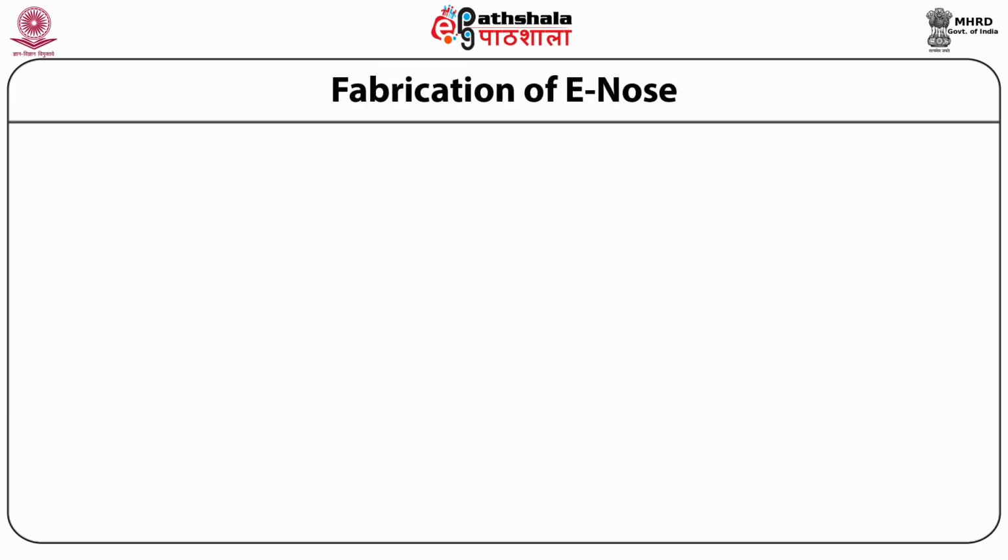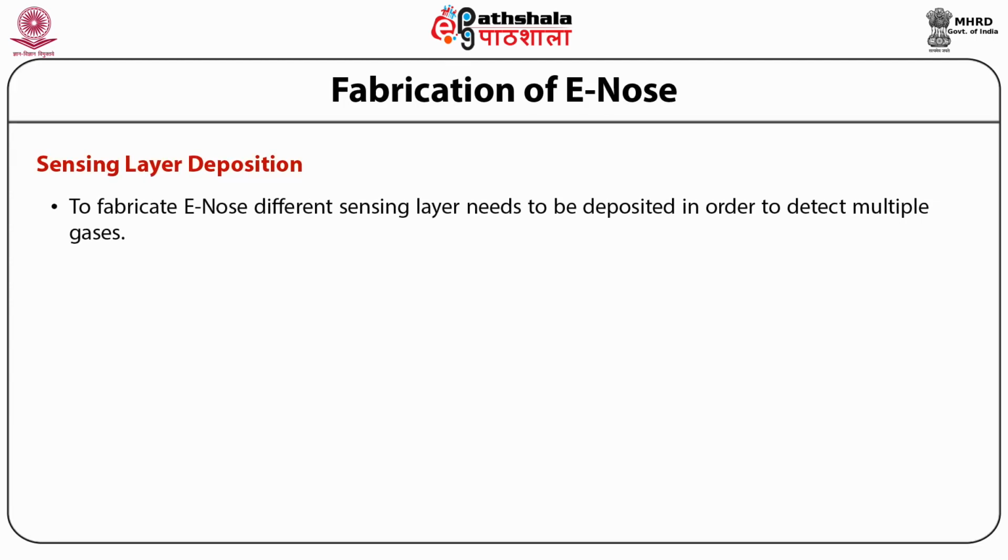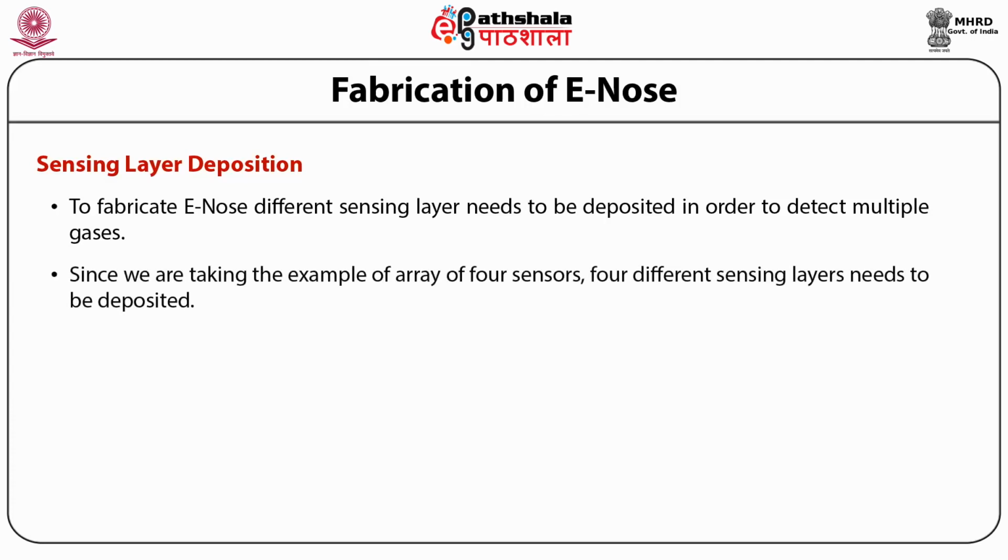So students, let us now discuss sensing layer deposition. In order to fabricate Enose, different sensing layers need to be deposited in order to detect multiple gases. Since we are taking the example of an array of 4 sensors, 4 different sensing layers need to be deposited.